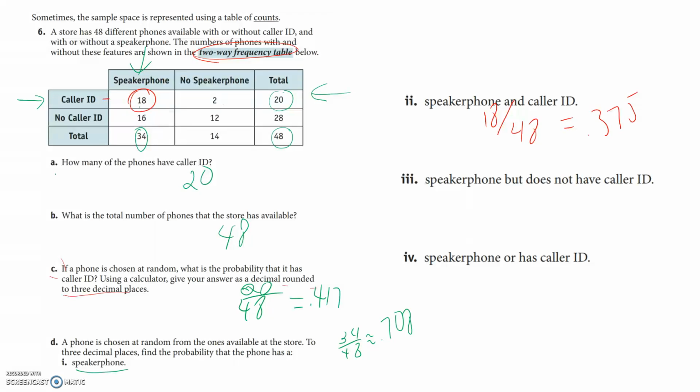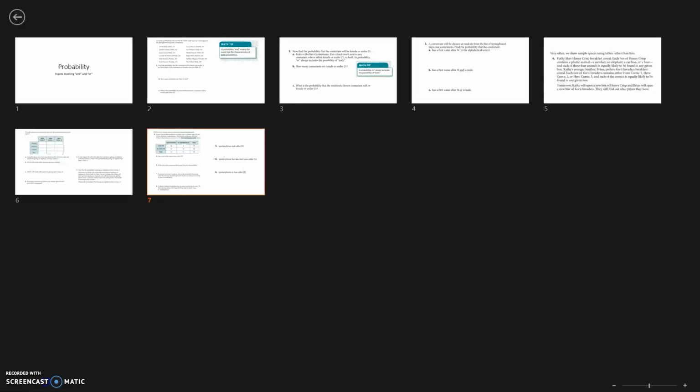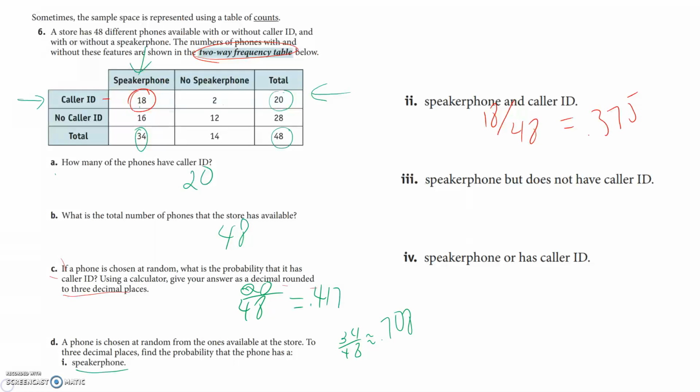Speakerphone, but does not have caller ID. So go to speakerphone here, no caller ID here, and that would give you a total of 16 out of the 48, which is approximately 0.333.